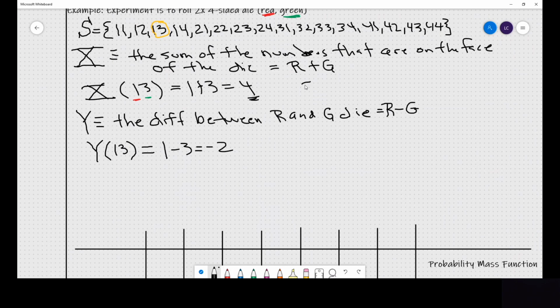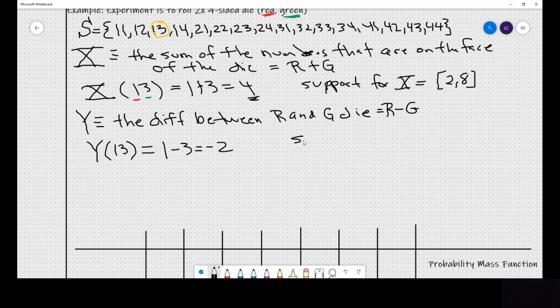So what's the support for X? The support for X is numbers between, well, what's my smallest number I can have is 2, and my largest number is 8.